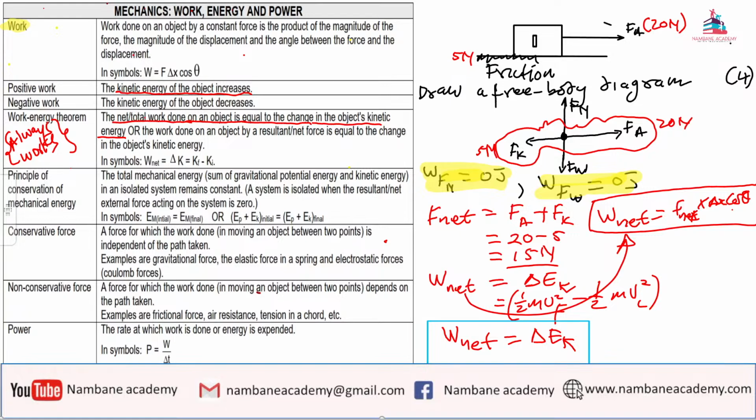A free body diagram indicates W net is equal to F net, and you substitute the F net into the equation and multiply by the displacement. F net will be parallel to the surface, so we only choose 0 or 180 degrees, depending on the direction of the net force.